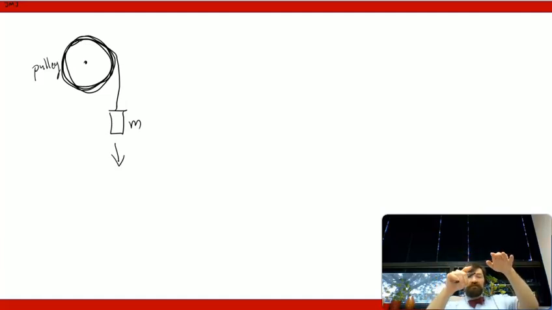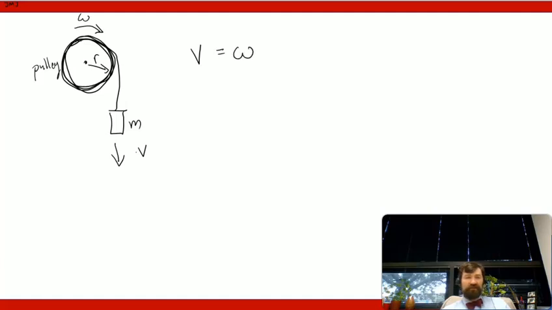Essentially, as it falls, it puts a torque on this system, which is going to make this have to rotate as this thing falls. If this is radius r, then the speed at which this thing is falling at a given time, v, must be equal to omega, the rate at which this system rotates, times r.